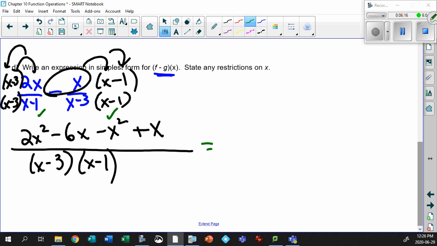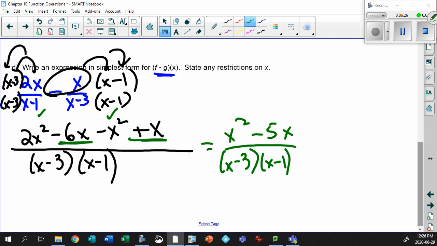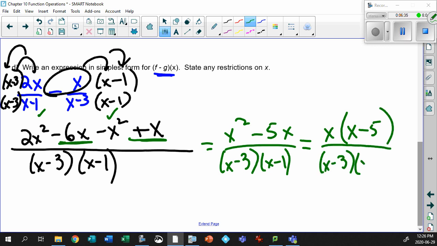There we go. We have x squared minus 5x all over x minus 3, x minus 1. Factor this out so it looks a little prettier. You got x times x minus 5 over x minus 3, x minus 1.